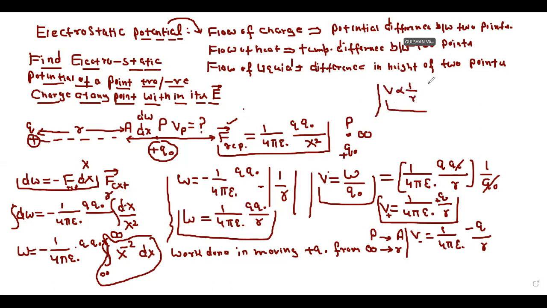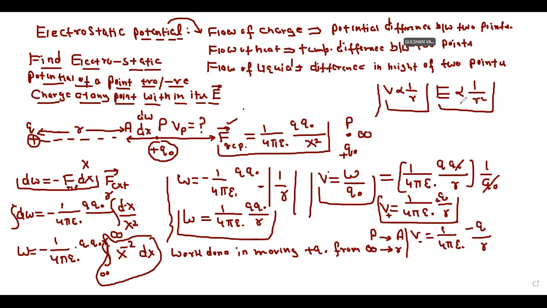But we also know that in the case of electric field, at a point, the electric field was inversely proportional to 1 upon r square. So this is the difference between potential and electric field. Potential of a charge is inversely proportional to r, and electric field of a charge is inversely proportional to 1 over r square.